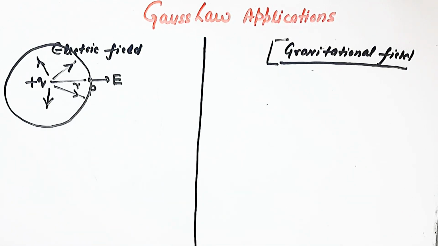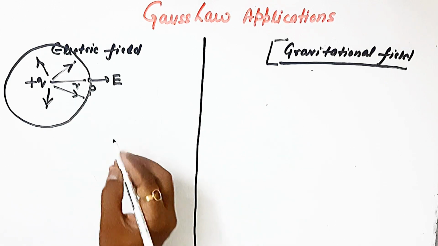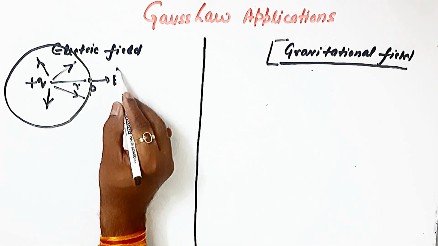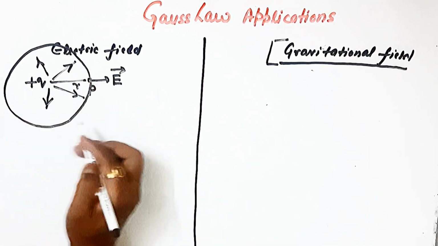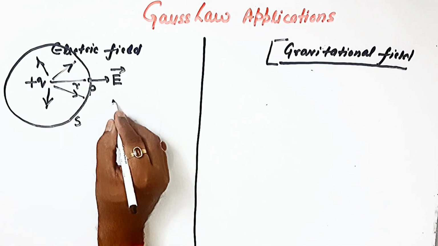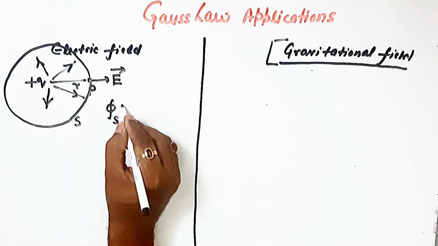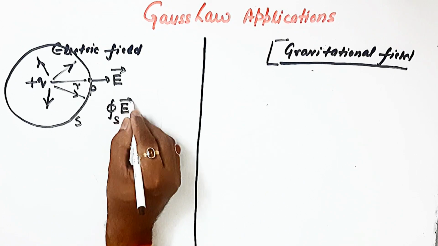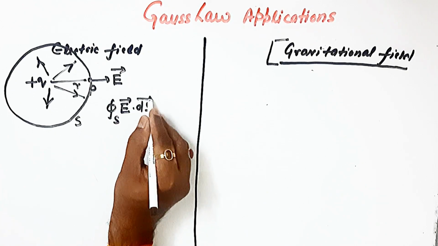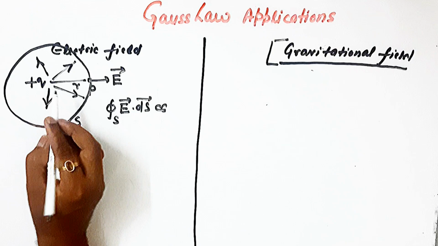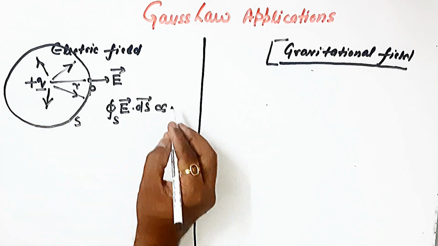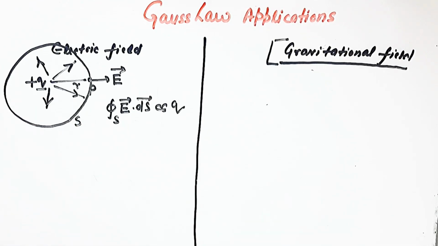So what was the Gauss divergence theorem telling? The flux of this E vector all over the surface, meaning the surface integral of E dot dS, is proportional to the source of the field, that is Q. Okay.